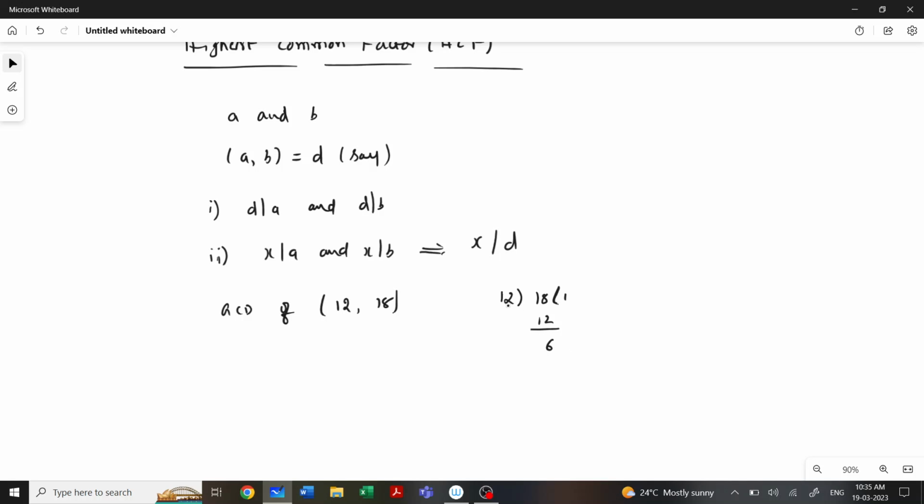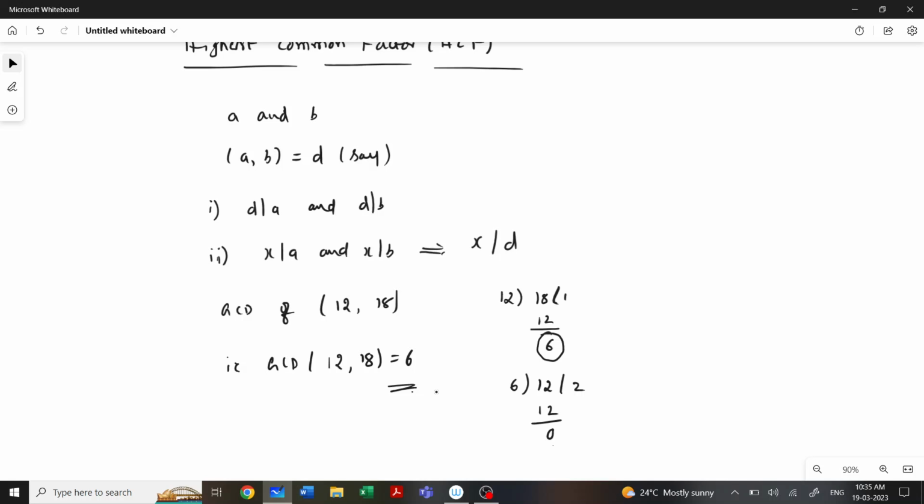Now divide 12 by 6. 6 twos are 12 and the remainder is 0. If you continue this process until the remainder becomes 0, then the last nonzero remainder is the GCD. So the GCD of 12 and 18 is 6. This is one way to calculate the greatest common divisor.